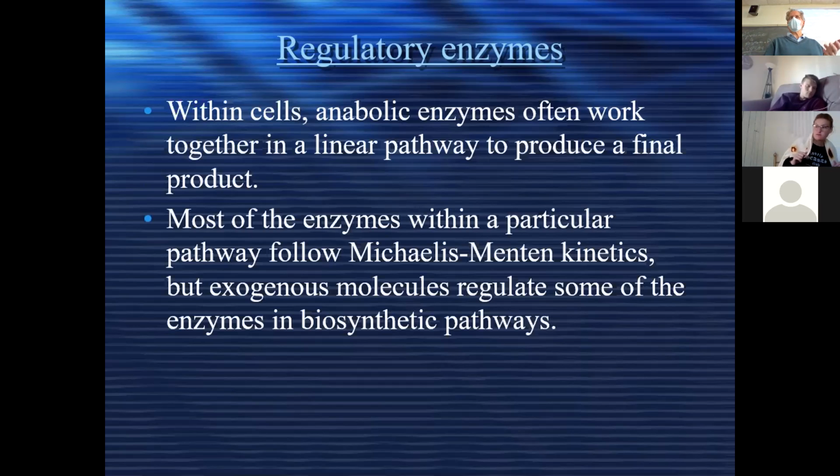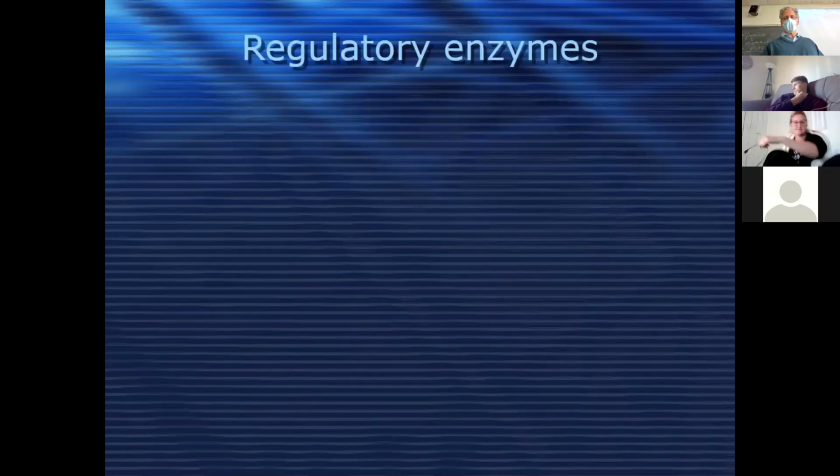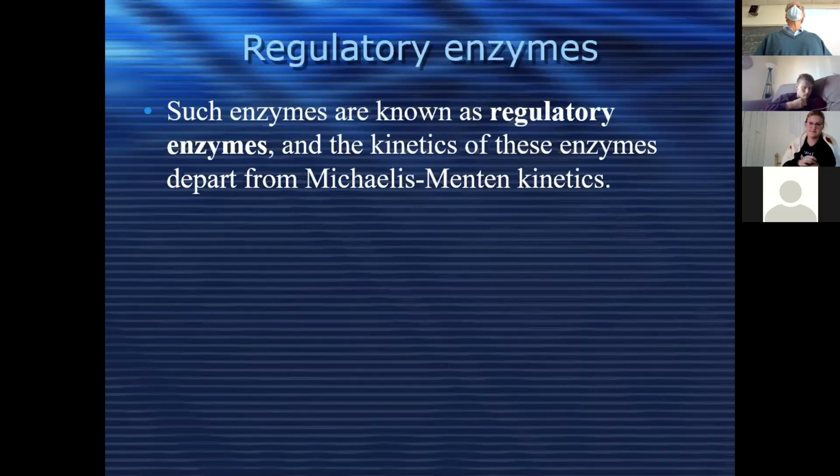Now, these enzymes will obey Michaelis-Menten kinetics, but their regulation often causes them to depart from Michaelis-Menten kinetics. And these are regulatory enzymes. I'll show you when they do, because that's important.